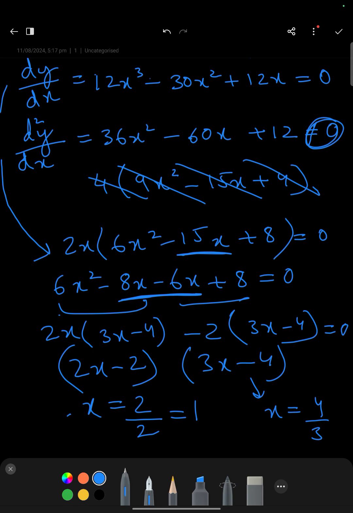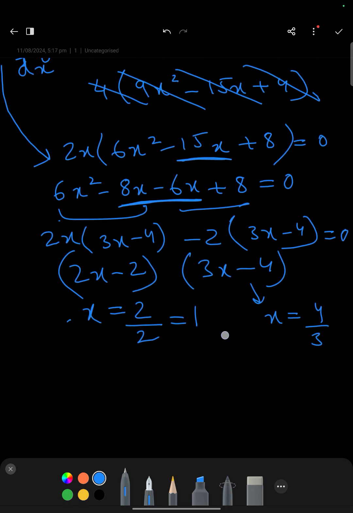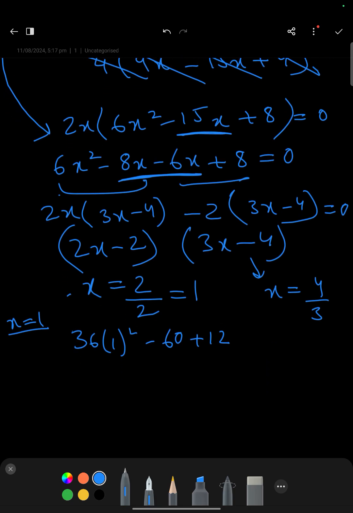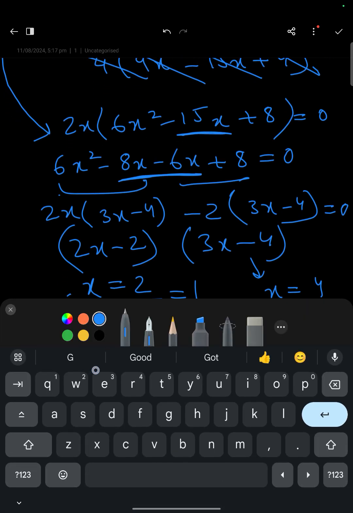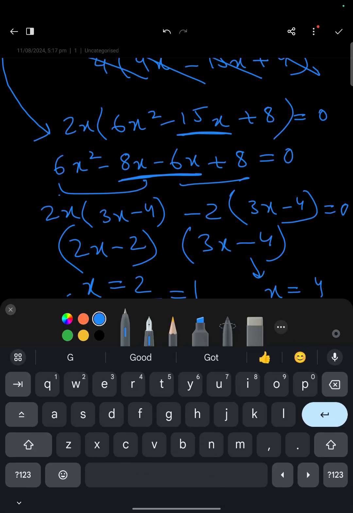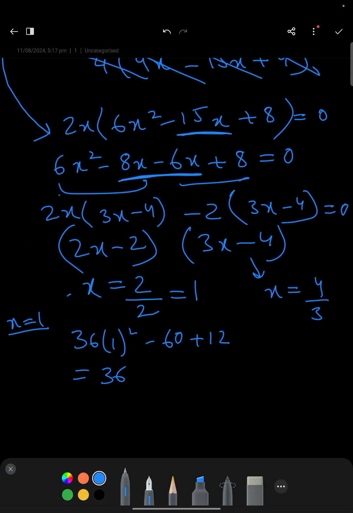We will put these values in our second differentiation, that is 36x square minus 60x plus 12. When x is equal to 1, 36 into 1 whole square minus 60 into 1 is 60 plus 12, so it will be 36 minus 60 plus 12.